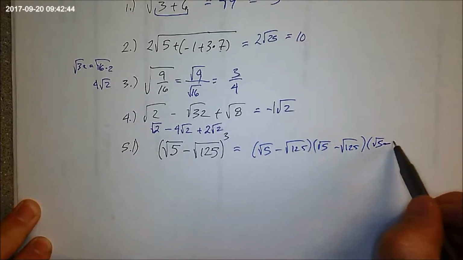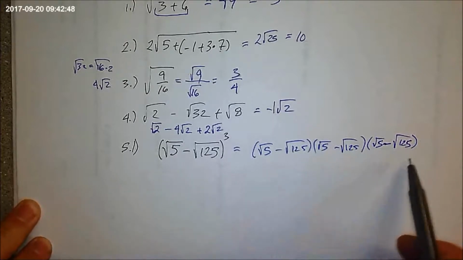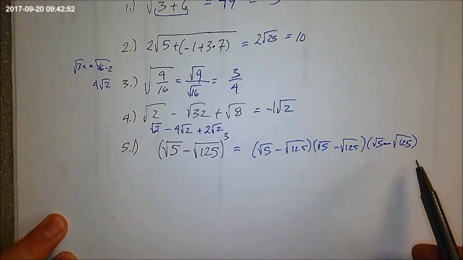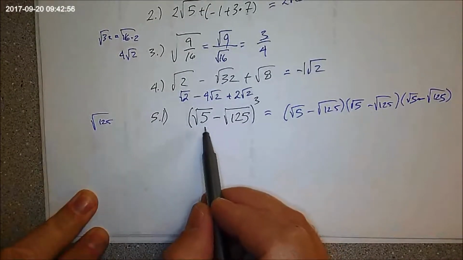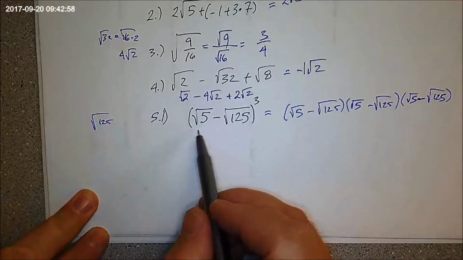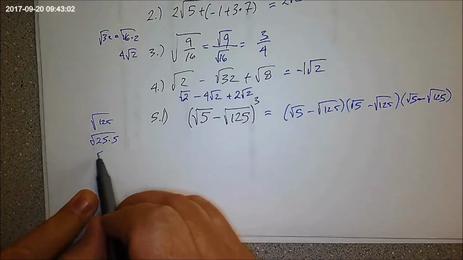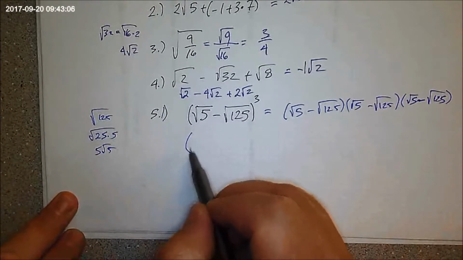Because that's what cubed means, right? So I really hope that I can simplify this so I don't have to do that arithmetic, because that would be very confusing and difficult. So let's take a look at 125, because this is not something that can be simplified. But 125, isn't that 25 times 5? Yeah. So this is 5 root 5.